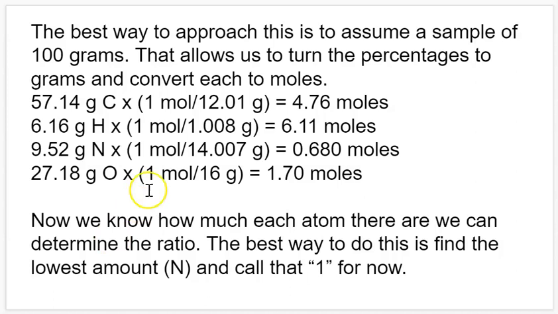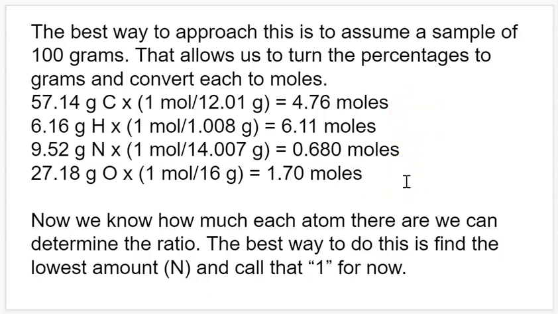Then we divide it by its molar mass, and we end up with 4.76 moles. We do the same thing for hydrogen, nitrogen, and oxygen, and we get these 4 values. This tells us how many moles of each of the atoms we would find in a 100 gram sample of NutraSweet.